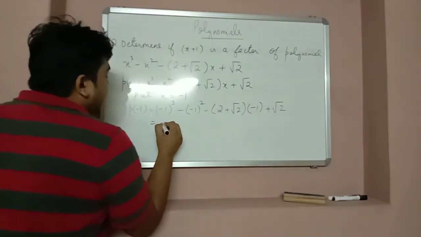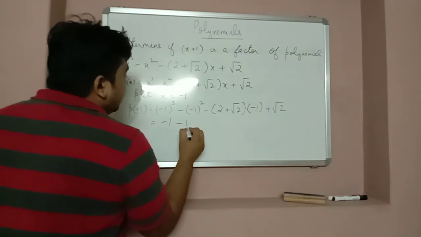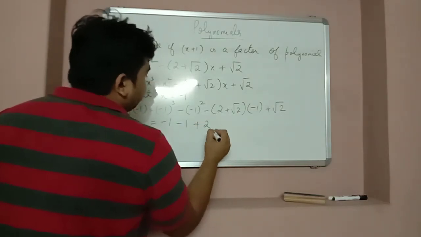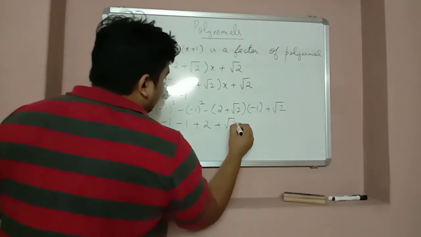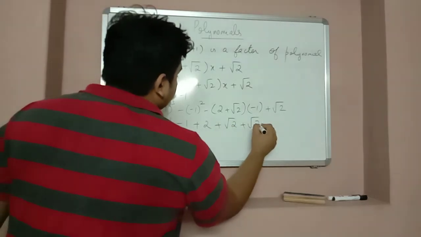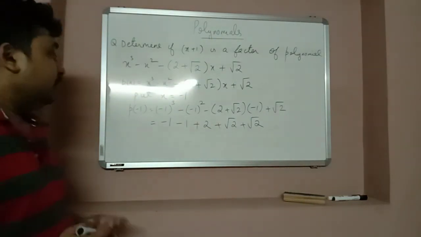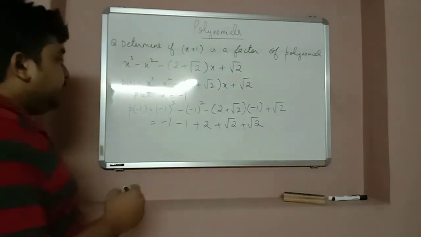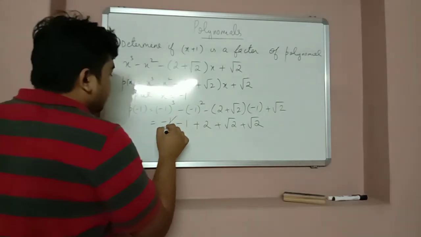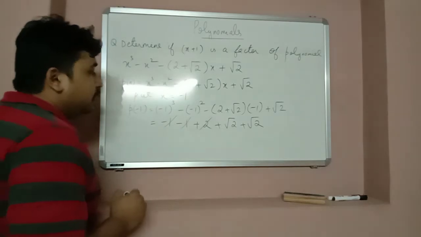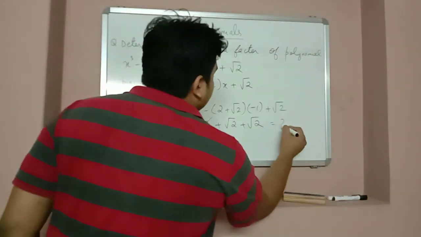Now on solving, I will get minus 1 minus 1, minus becomes plus 2 and plus root 2 plus root 2. Now clearly this minus 2 and plus 2 get cancelled, but I will get 2 root 2 here.